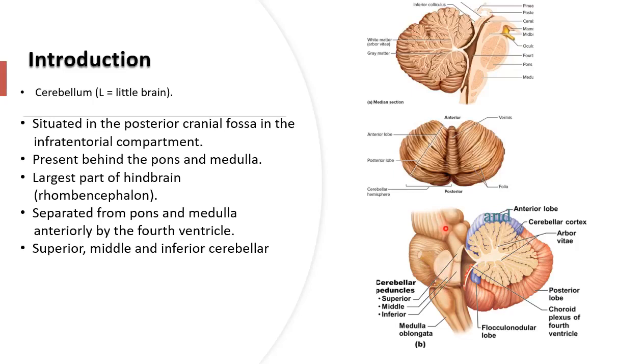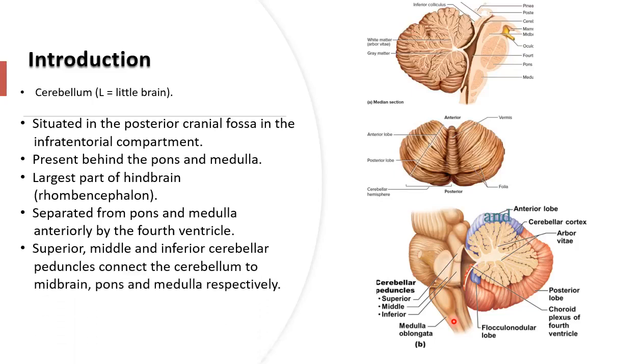Most of the fibers entering and leaving the cerebellum pass through these peduncles, so the fibers reach very distant and wide areas, up to the cerebral cortex, and also low down up to the spinal cord. So three peduncles connect the cerebellum with the brainstem.